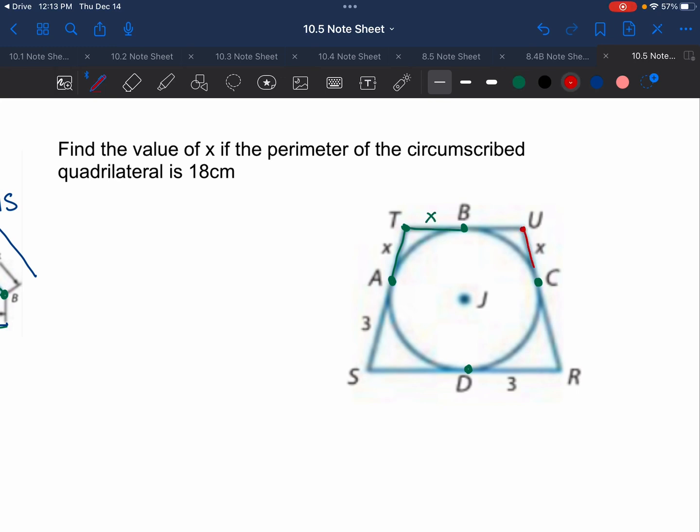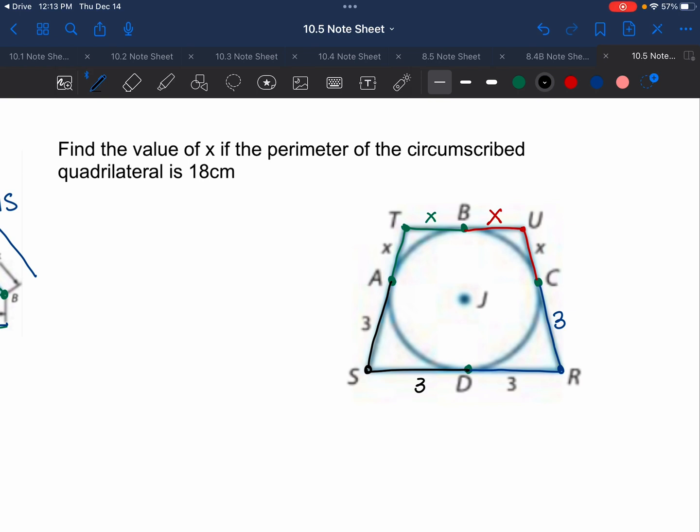Since UC is x, UB is also x. Since RD is 3, RC is also 3. And since SA is 3, then SD is also 3.